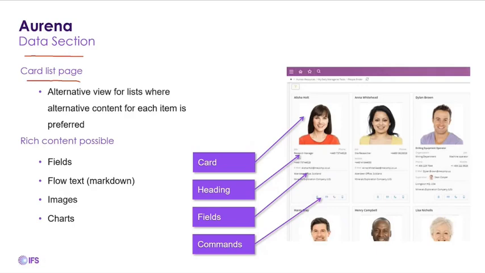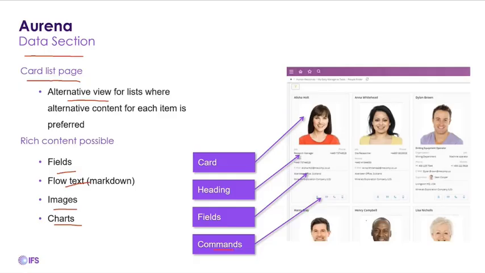So actually, when we are creating a window or a page, we can have cards to view data as an alternative way to view data. We can have cards, and from the cards we can show information, maybe text, fields, images, also charts, and also we can have commands too, right?